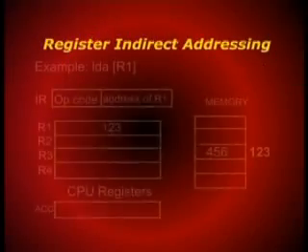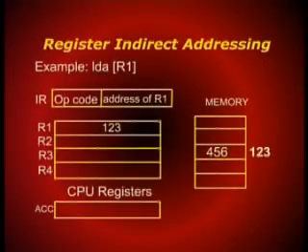The next example indicates register indirect addressing. Now load A followed by a square bracket containing R1. This means that in the instruction register IR, the opcode is followed by the address of R1.